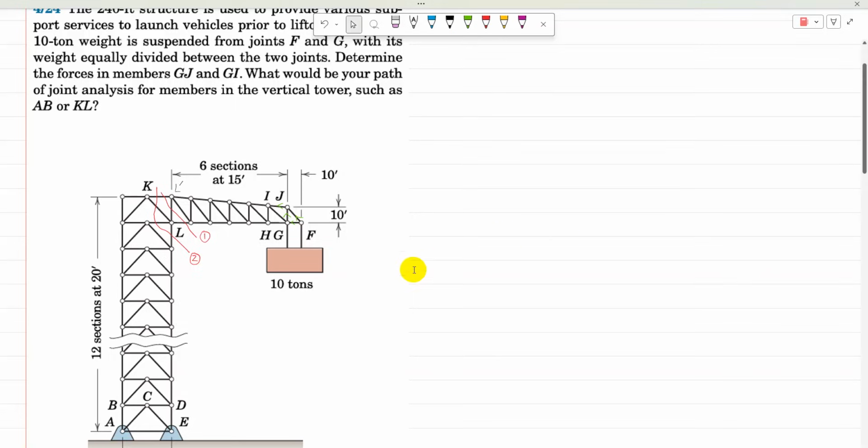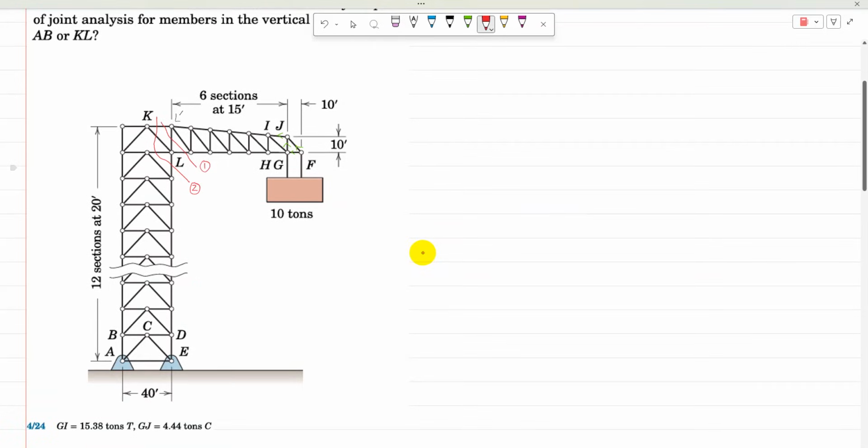And for AB, both of these supports are pin supports, and they have four reactions. So for those four reactions, these two supports make it a statically indeterminate structure. But it is possible to solve it using method of joints.